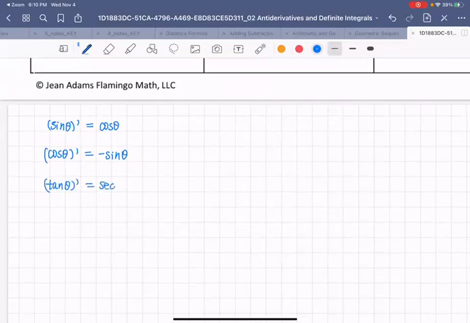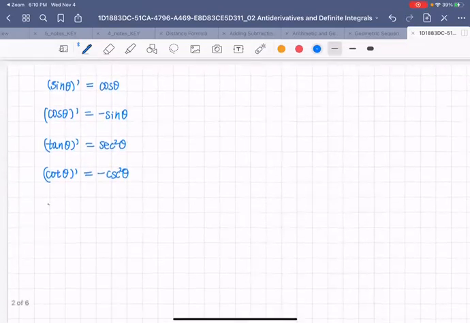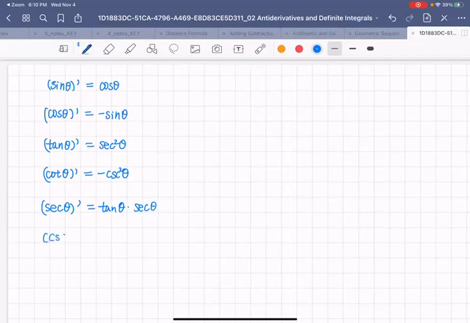Cotangent is negative cosecant squared. Secant theta is secant theta times tangent theta. And cosecant theta is negative cosecant theta times cotangent theta. Good.